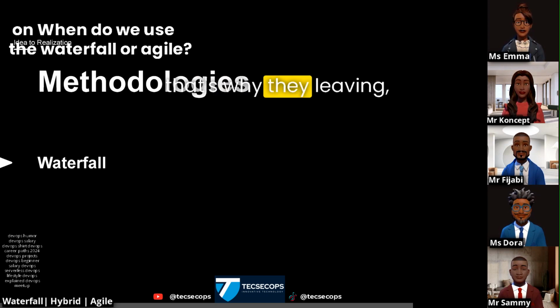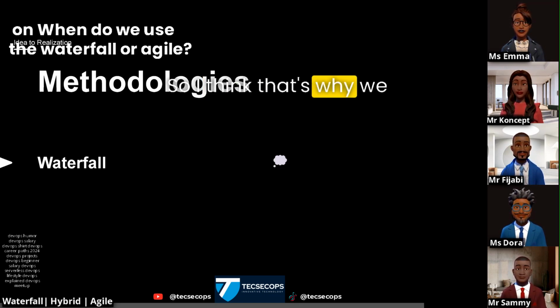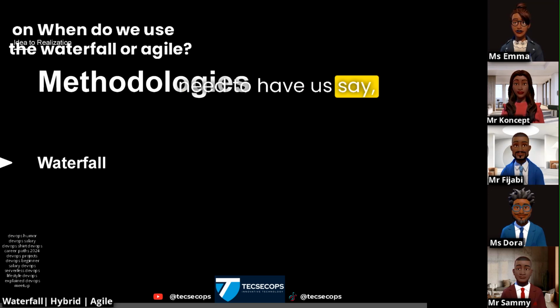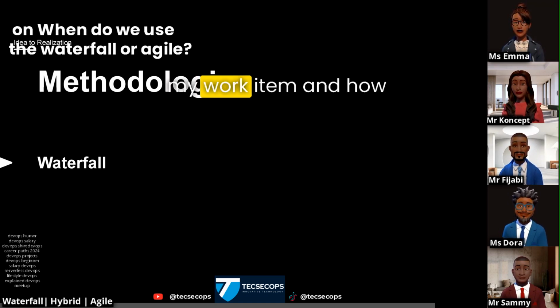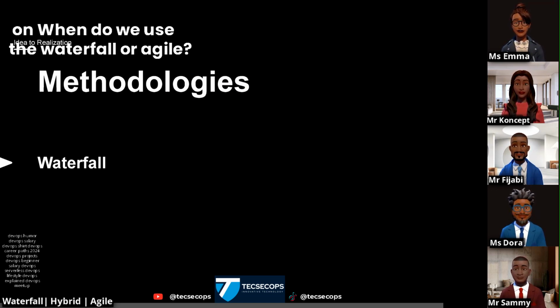That's why they're leaving, or you're firing them, because there's no kind of transparency. You feel like, okay, this should be done at this time, get it done. So I think that's why we coming in need to say, this is what I can work at this time, instead of somebody defining my work item and how many points should be assigned to it. So I agree with Mr. Sami. Thank you.